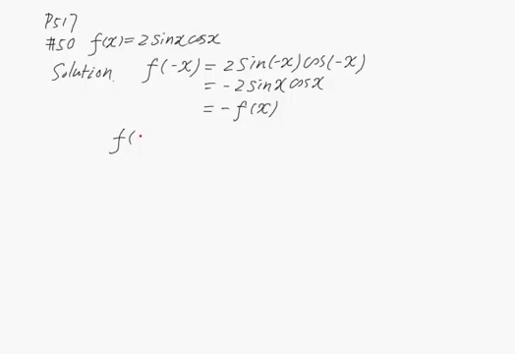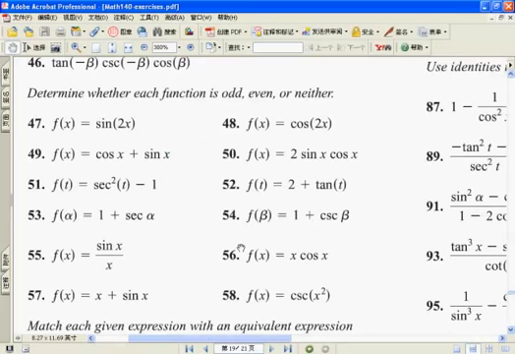So that means we have f of negative x equal to negative f of x for all x in the set of real numbers. So that means this function f is an odd function, right? So f is odd.